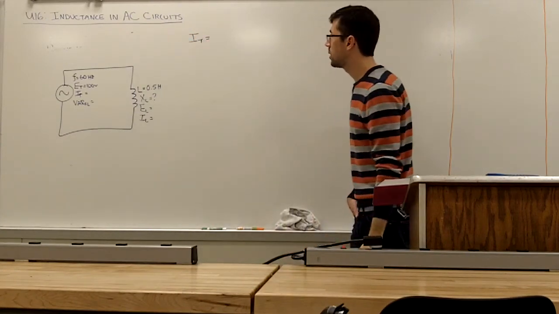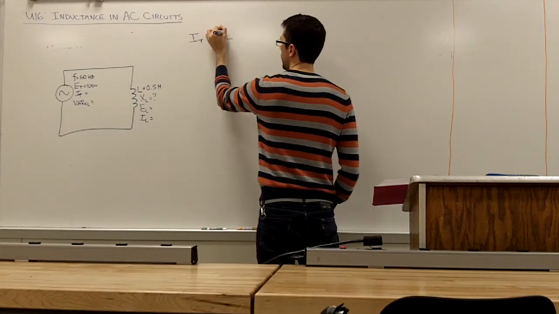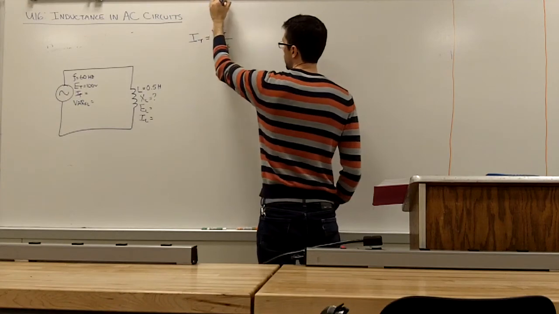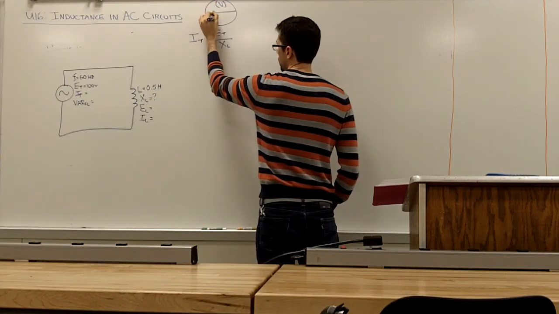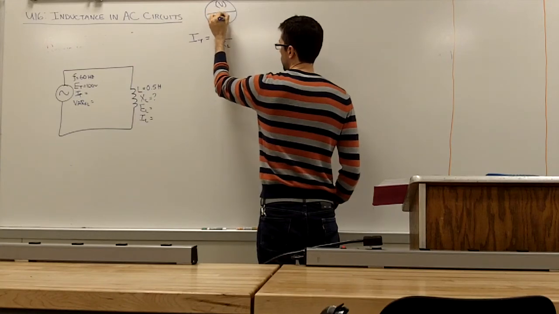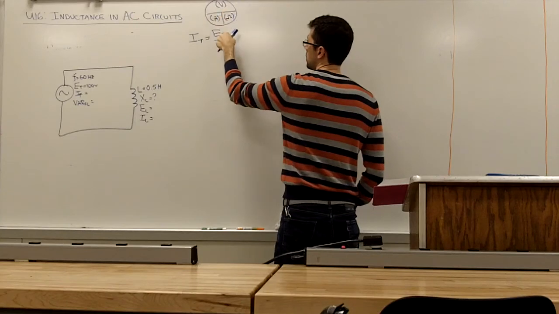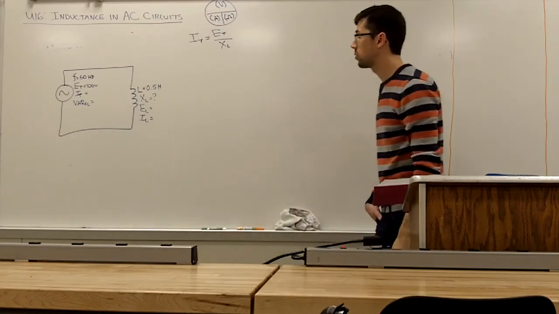But we cannot find that yet because the total current would be the total voltage divided by XL, and we do not have XL. Remember, in general, for Ohm's law, volts is equal to amps times ohms. So the current, which has units of amps, would be volts divided by ohms. Remember, XL has units of ohms.